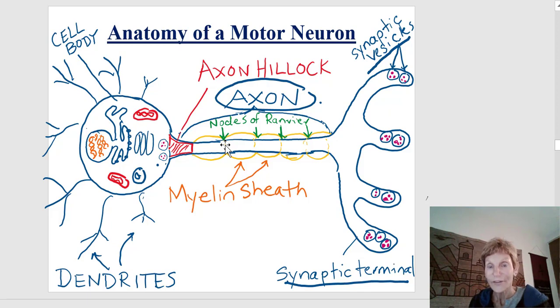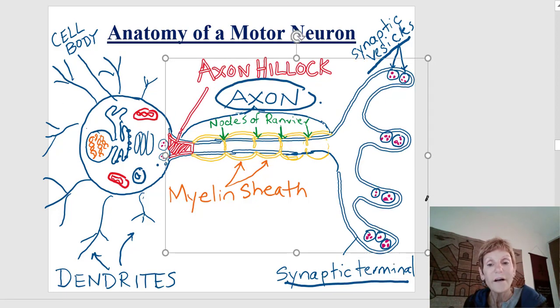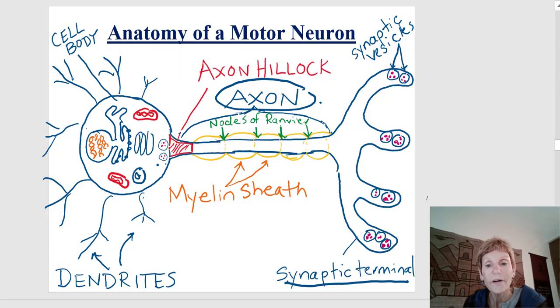Remember, gated channels, and voltage-gated channels, are ones that are opened or closed with electricity. And what is electricity? The movement of ions. And so there are voltage-gated sodium channels in these regions of the nodes, where it's opened up, where there's no insulation. There are voltage-gated sodium channels there, and there, and there.